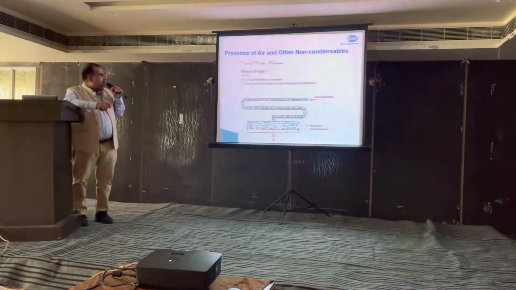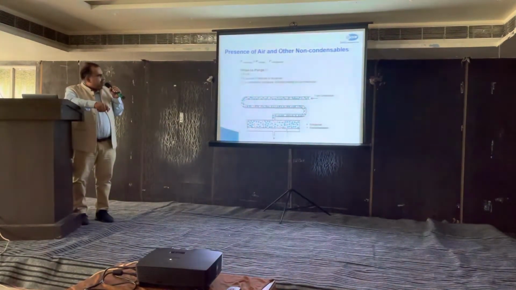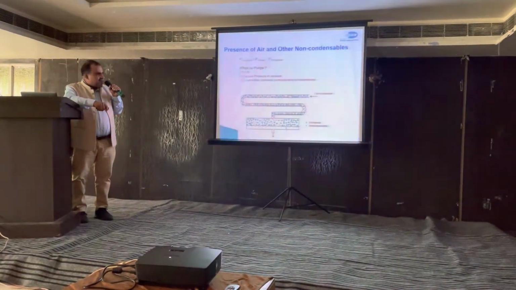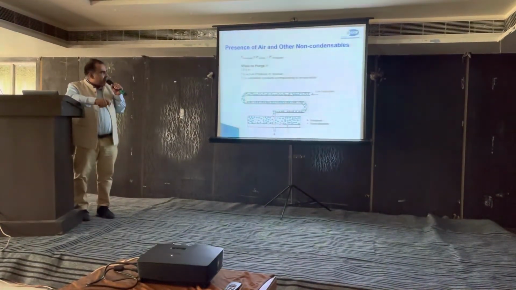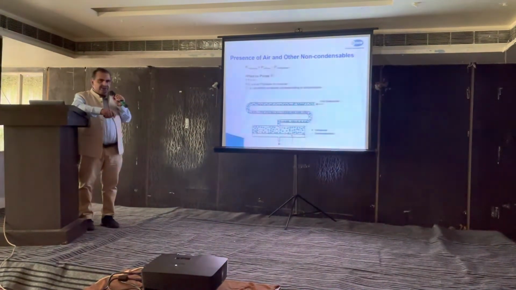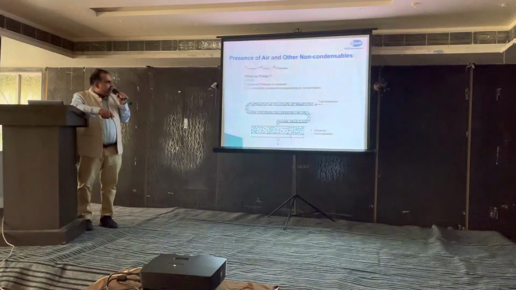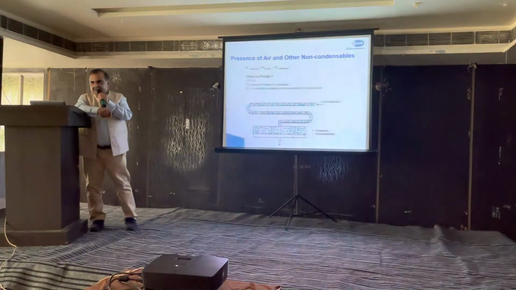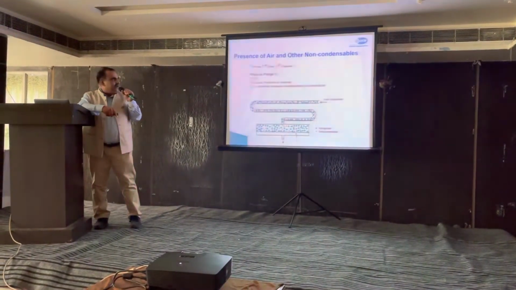So we can measure the pressure of your receiver and the temperature of the liquid. If you convert the liquid temperature into the corresponding saturated pressure, and there is a difference between the actual pressure and the saturated pressure, then that difference is our non-condensable or air pressure. You can do it at your plant very easily and find out how much air is there in your plant.